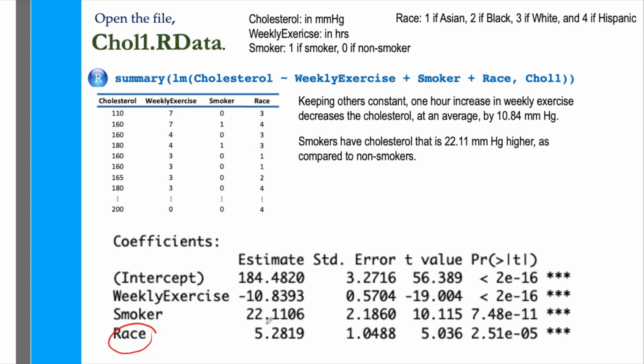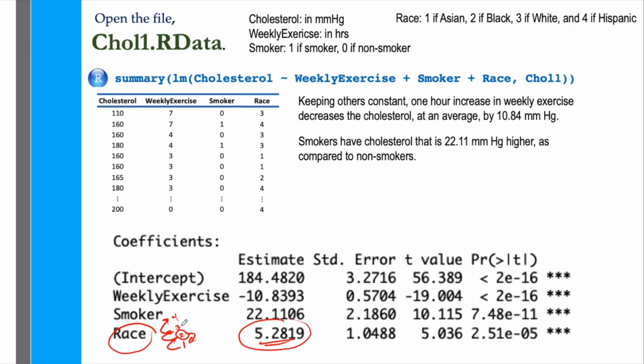Now, how about race, which is 5.28? Are we going to interpret it the same way, like 1 unit increase will increase the cholesterol by 5.2, like comparing black with Asian? So from Asian to black, or from black to white, or from white to Hispanic, is that it?